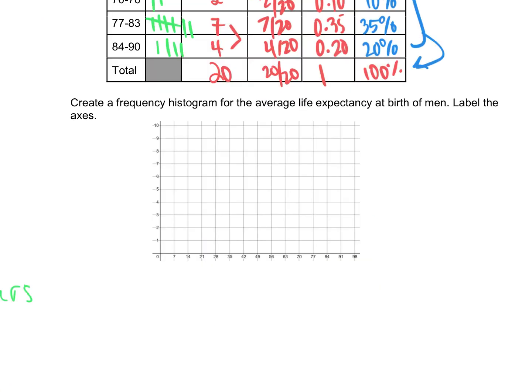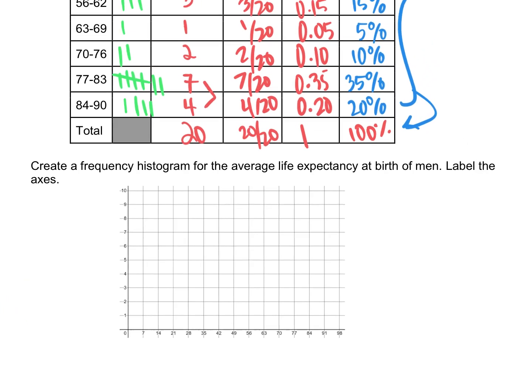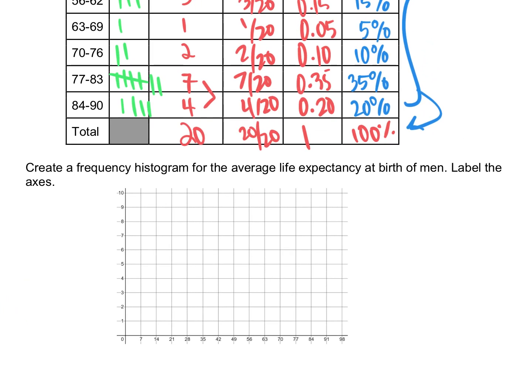And again, we could put this onto our histogram. This time it's the average life expectancy at birth of men. And our vertical column, our y-axis, is the frequency that we're seeing here.